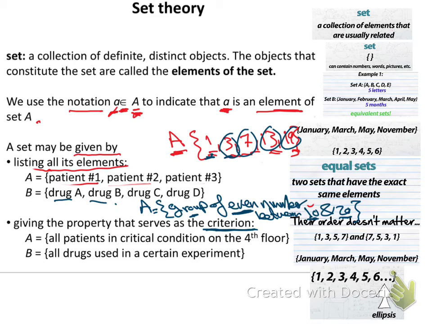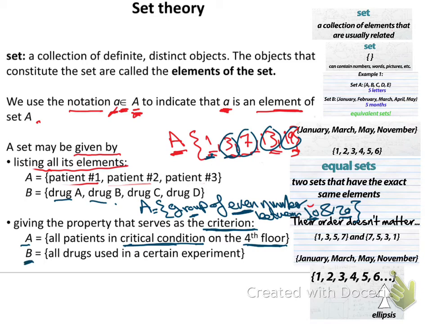Okay, so set A is all the patients in critical condition on the 4th floor. So here I got the criteria: they are in critical condition and on the 4th floor. So I have to go and get the list and see the names, Peter, Joe, Ahmad, Sarah, whoever is there, and just list them. I have been given only the criteria.